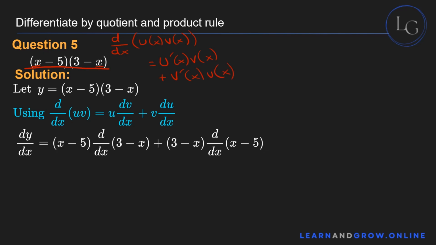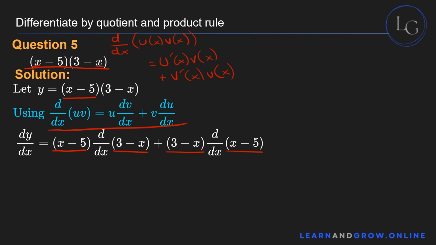So that's just written over here as well. So once you do that, again, this is this function, and that will be multiplied with the derivative of 3 minus x, and that will be added with 3 minus x multiplied with the derivative of x minus 5.